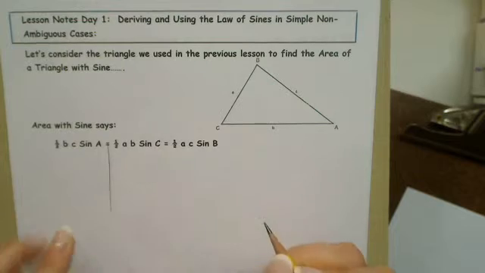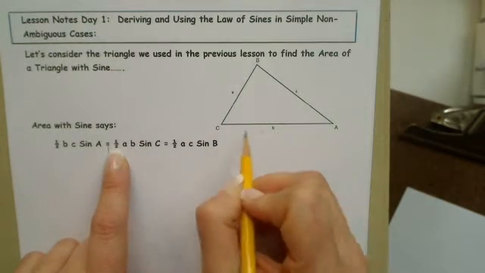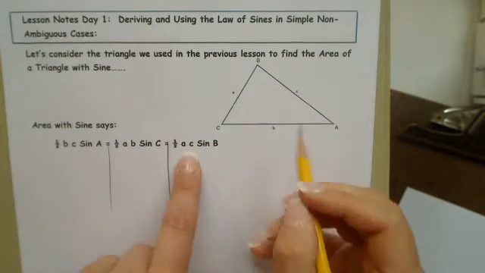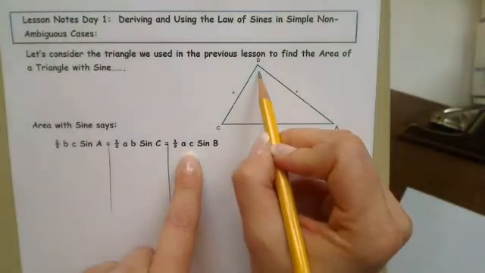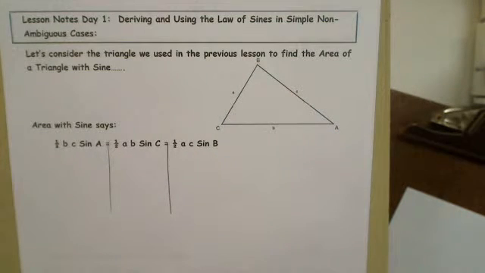This works for side angle side. Or you could do 1/2 times A times B times sine of the angle C. Or you could do 1/2 times A times C times sine of the angle B, depending on which two sides and which included angle between the two sides on the triangle you actually know the value of.